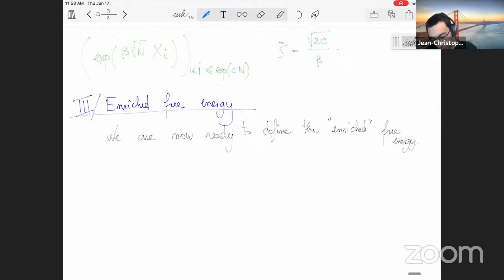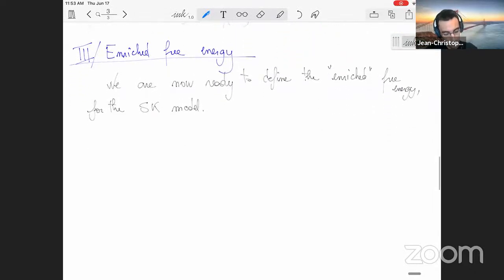And I'm going to do it for the SK model first. For the bipartite, it's not more complicated. You just have to do it on each of the two components, but it's the same way. So let's just do it for the SK model.